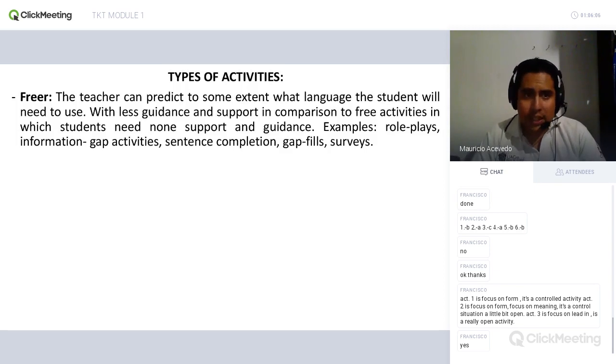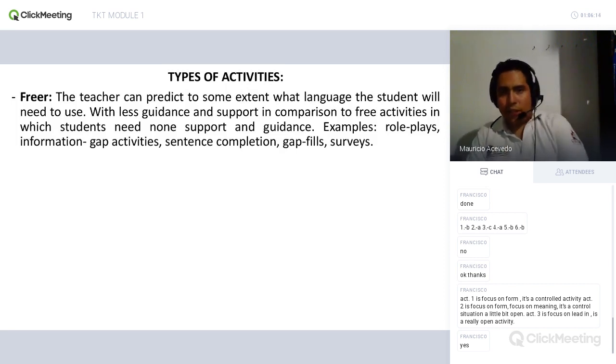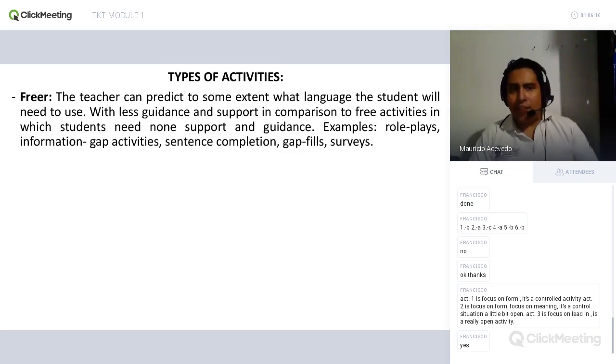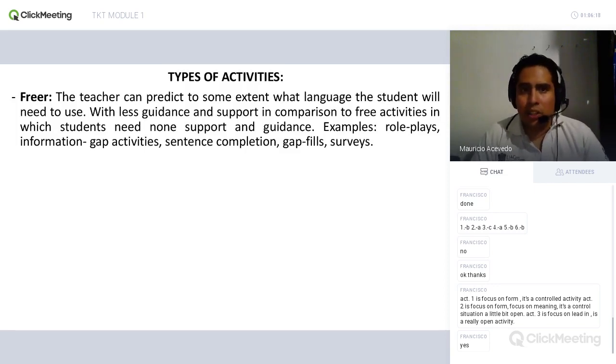Examples: role plays, information or gap activities, sentence completion, gap filling, and surveys. So what is the difference between these? In the free activities, students don't need any guide or very little, because you let them work by themselves. But in freer, they need some guide and some support.